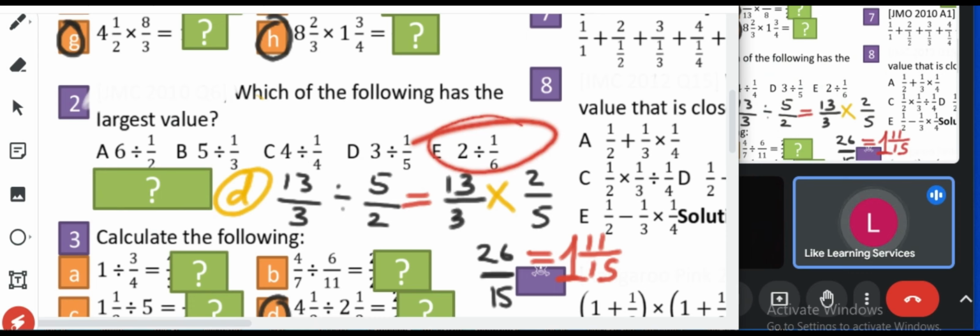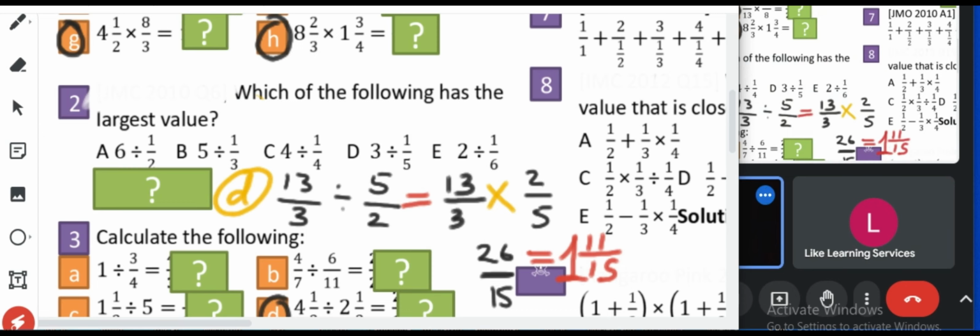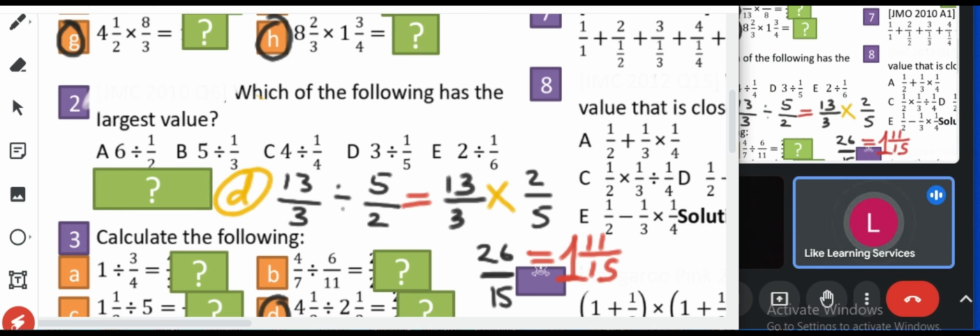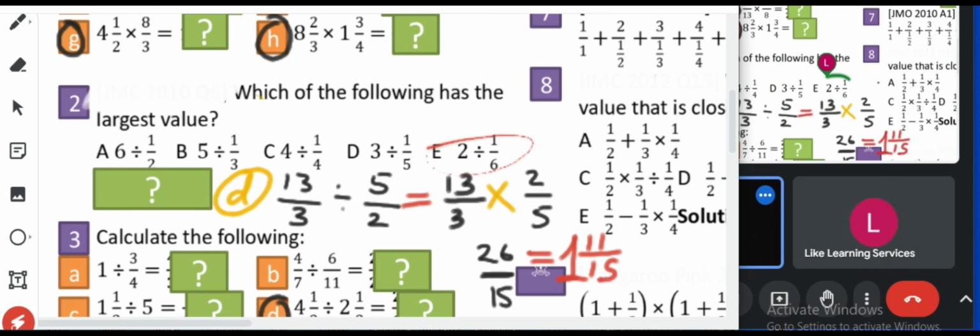E is 2 whole number, 2 divided by 1 over 6. So what will you do? Quickly, concentrate. E. 2 over 1, and flip. Exactly.